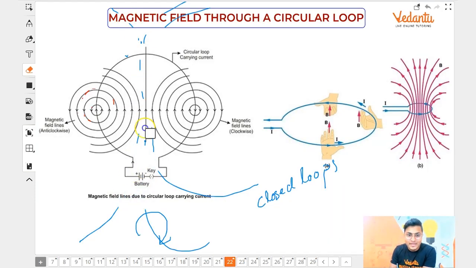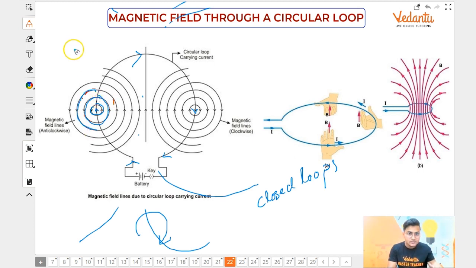Now we imagine that the current is flowing in a clockwise direction, correct? So this is my clockwise direction, current moving forward. By using the right hand thumb rule, I found out that the current is moving in this direction and the magnetic field is moving in this direction now. On the left hand side, this is my LHS, this is my RHS.